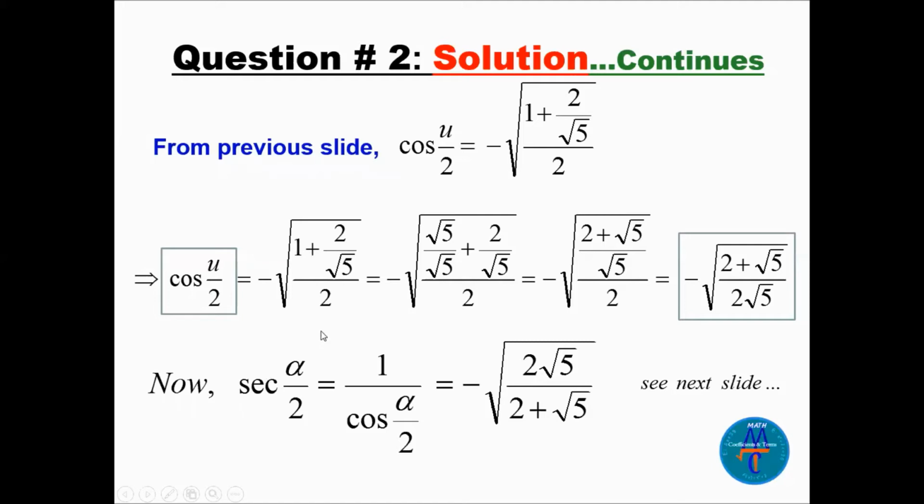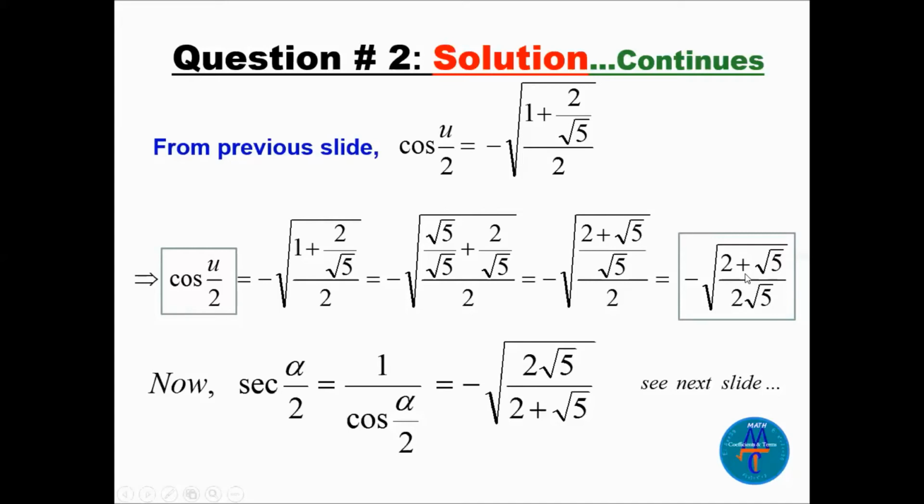Okay. So cosine of alpha over 2 is minus the big square root of (1 plus 2 over square root of 5) over 2. Since I have square root of 5 in the denominator, just simple fractions, square root of 5 over square root of 5, I can add, so it will be 2 plus square root of 5 over square root of 5, all over 2. So multiply by the reciprocal of 2, which is half, so it becomes minus the square root of (2 plus square root of 5) over 2 square root of 5.